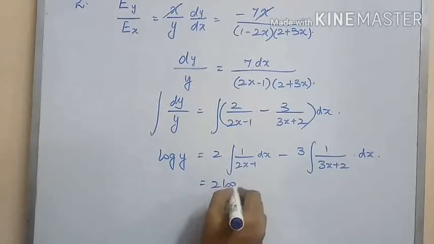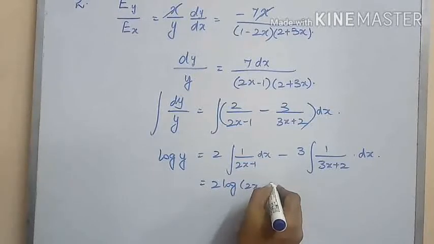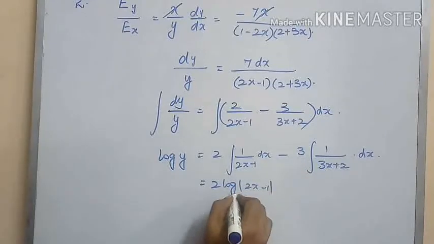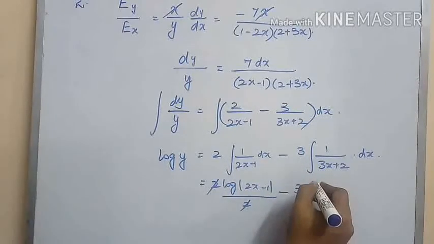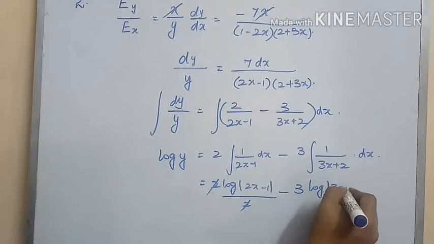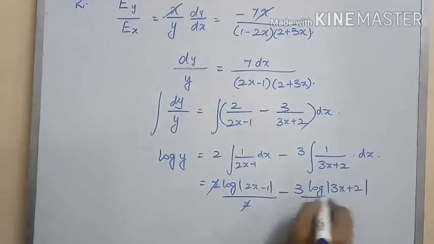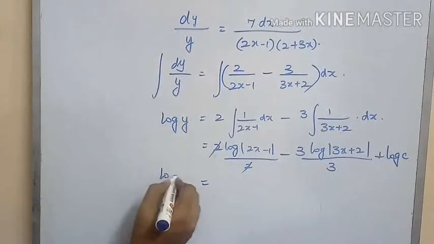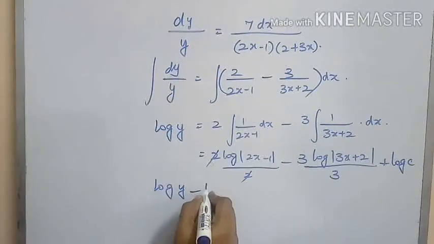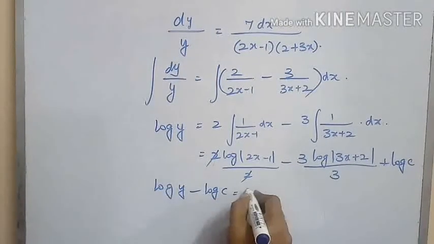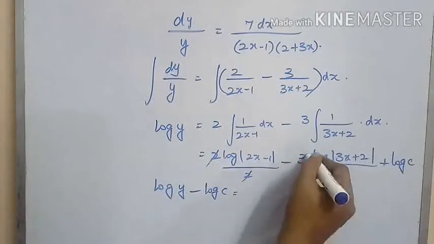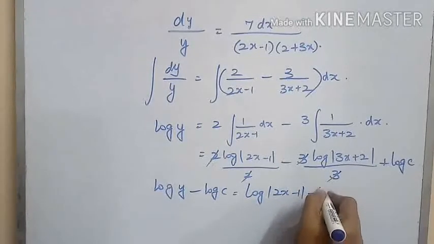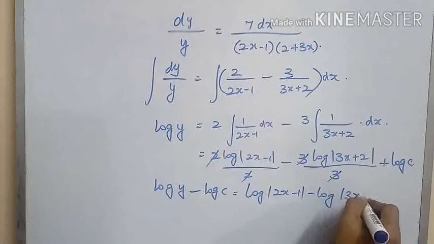So integrating, we get 2 into log of modulus 2x minus 1 divided by 2, the internal differentiation, minus 3 into log of modulus 3x plus 2 divided by 3, the internal differentiation, plus log c. In the next step, let us write log y minus log c is equal to log of modulus 2x minus 1 minus log of 3x plus 2.